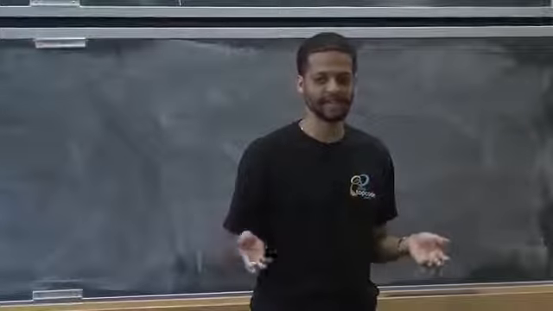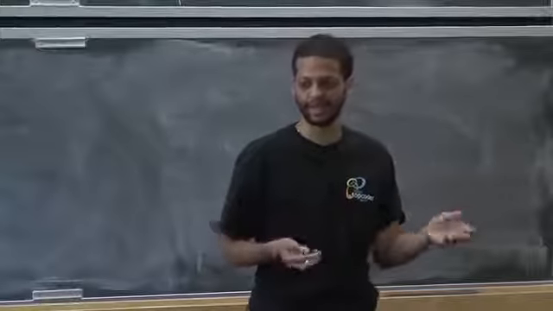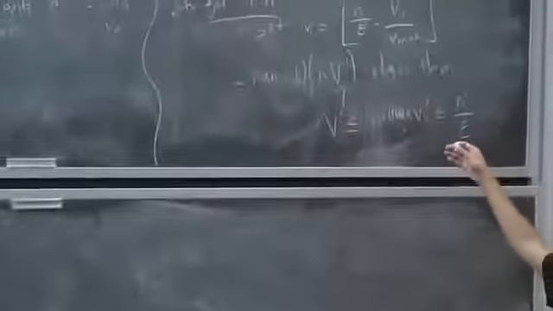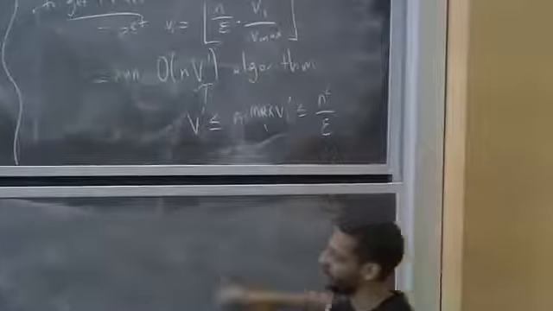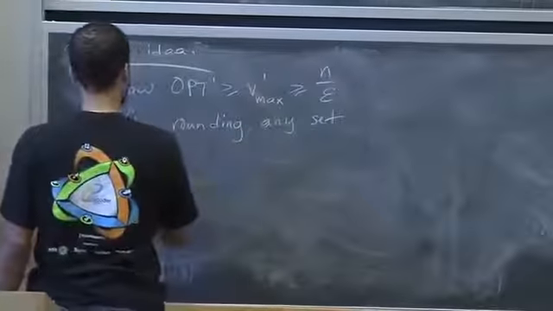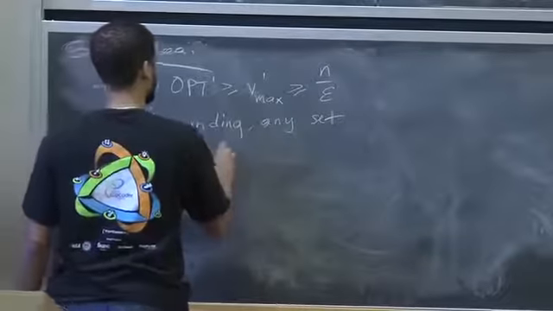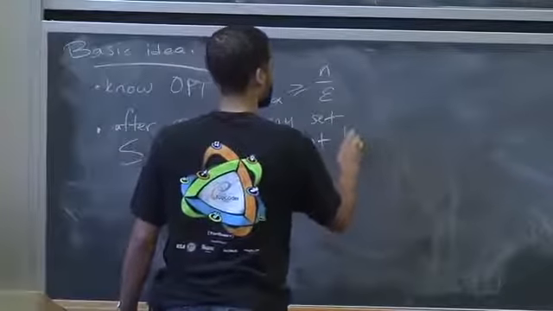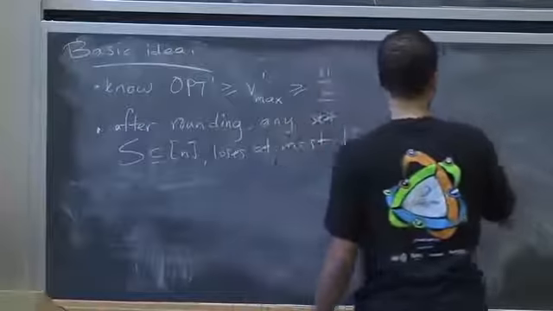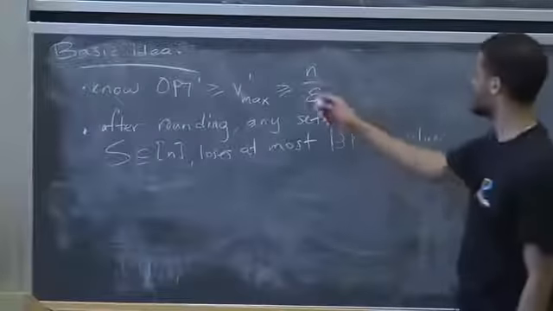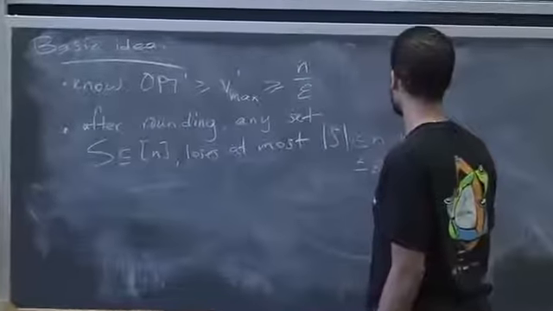Every set just has the same multiplicative factor times its old value. But by this rounding, we potentially lose 1 from every value. So after rounding, any set, let's call it S, a subset of the items, loses at most the size of S, which is at most n value, which is at most epsilon times opt prime.